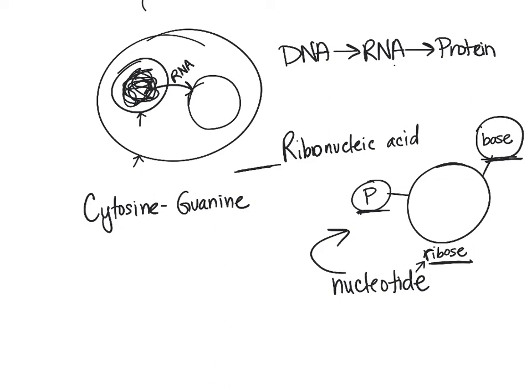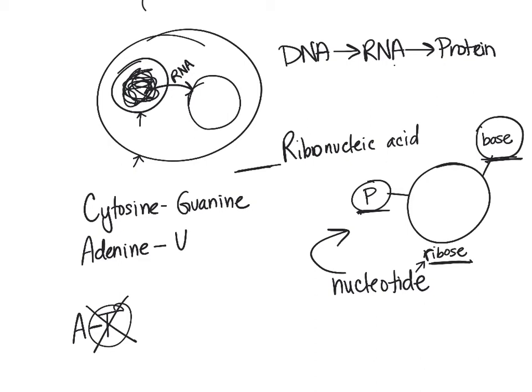But we see a difference when we get to our adenine and thymine. We said that we had A and T matched up in DNA, remember? In RNA, we still have our adenine, but instead of matching up with the T, we don't have the T. The thymine is not in our RNA, it's only in DNA.